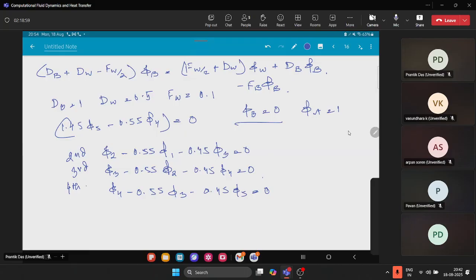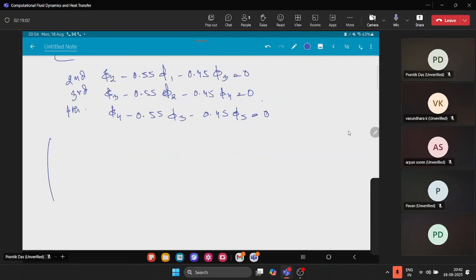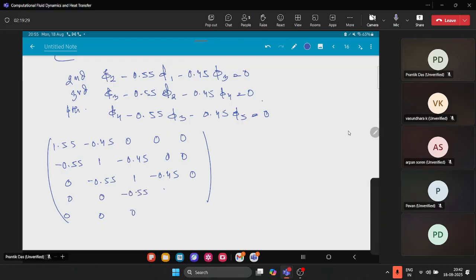So the matrix actually comes out to be like this. 1.55, 0.45, 0, 0, 0; 0.55, 1, minus 0.45, 0, 0; 0, minus 0.55, 1, minus 0.45, 0; and this is 0, this is 0, 0.55, 1, minus 0.45; 0.55, this is 1.45.